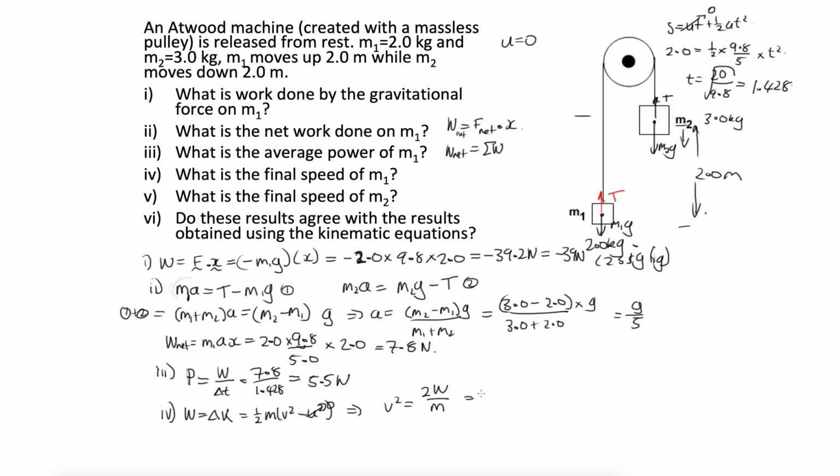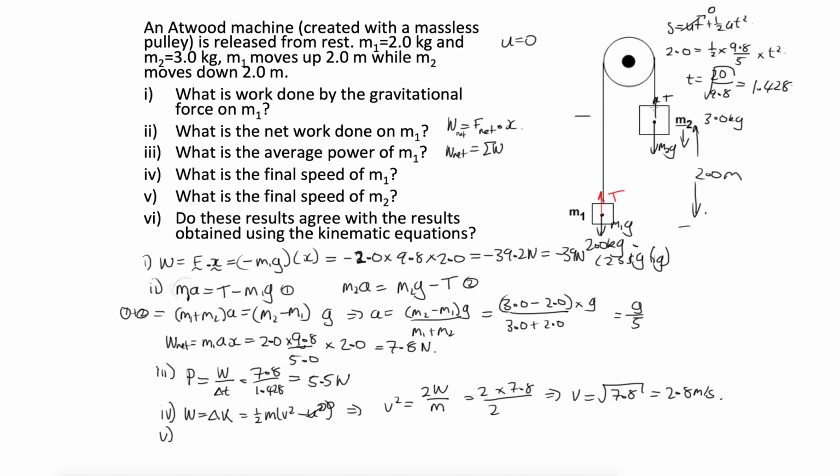And so this is equal to 2 times 7.8 divided by 2. And so this tells us that v is equal to the square root of 7.8, which gives us 2.8 meters per second.